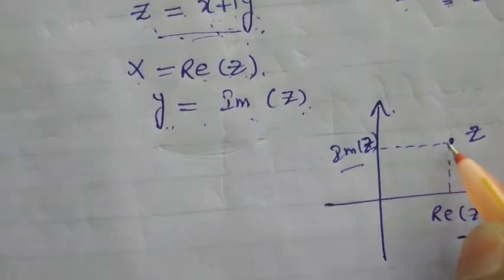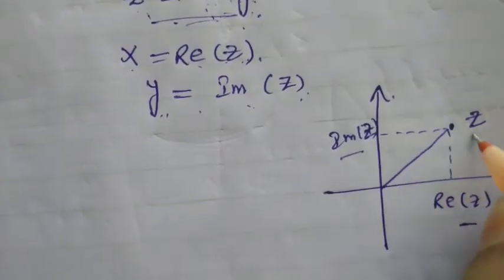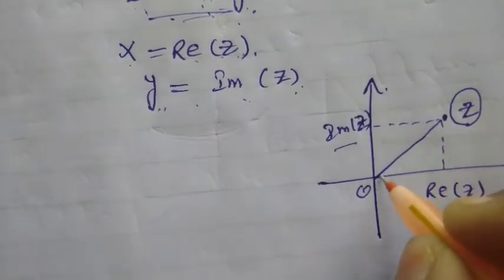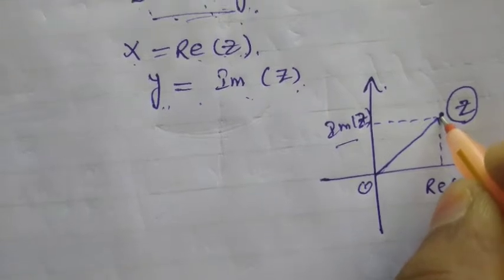The magnitude of z is its distance from the origin.